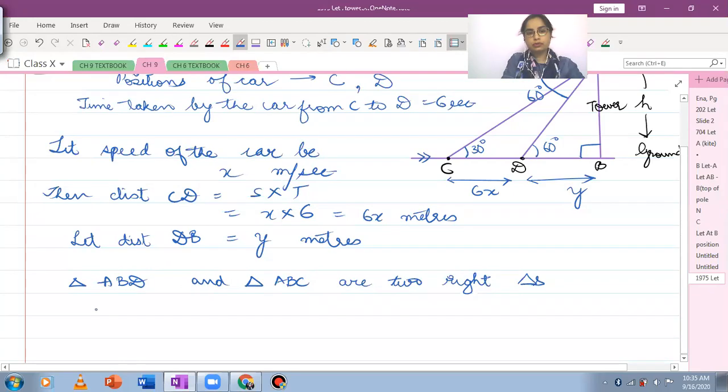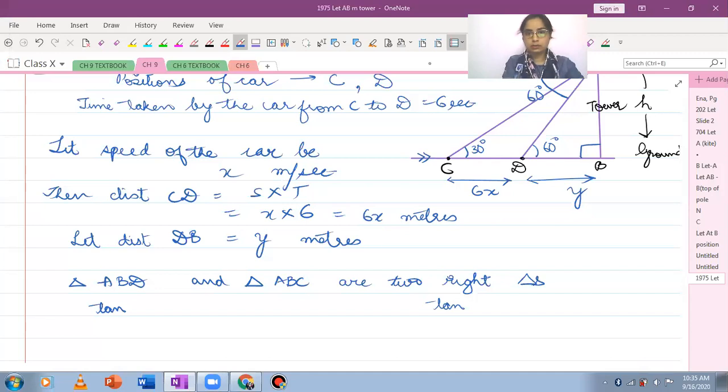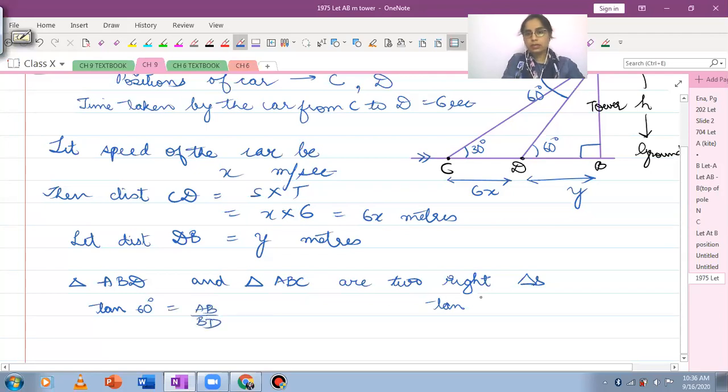So I'm just going to use tan in both the triangles. In the smaller one, I've got tan 60 degrees. This can be written as AB upon BD. Whereas in the larger triangle, in triangle ABC, I've got tan 30 degrees. That will be AB upon BC.